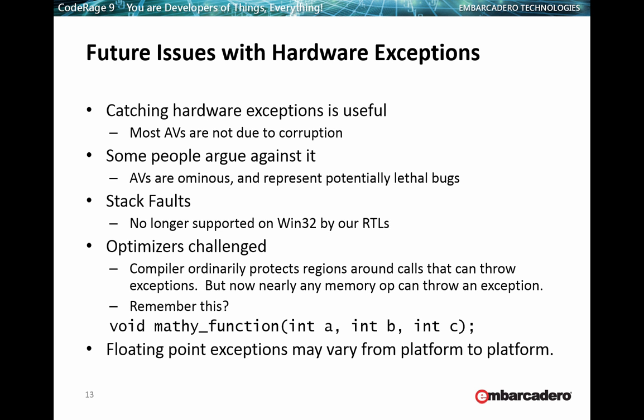So the issue for the future is really two points. One is that floating point exceptions may vary from platform to platform, whether or not they're masked, whether or not you will get floating point exceptions for denormal operations, for example.